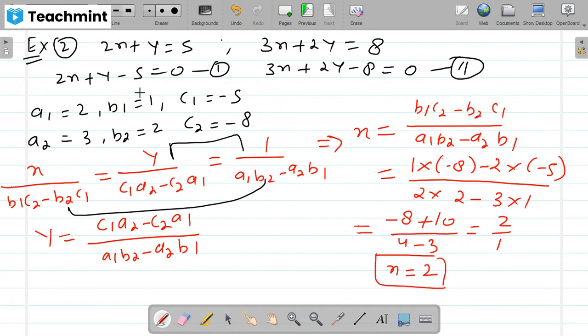After finding the value of x, now we want to find the value of y.